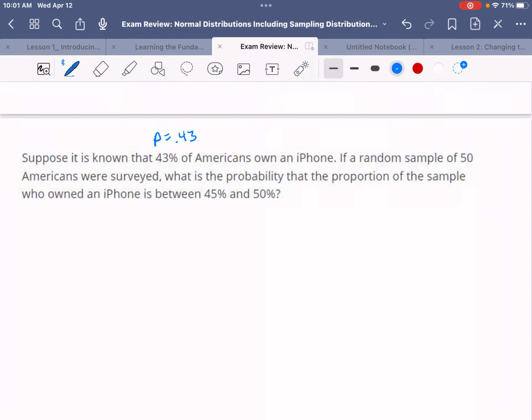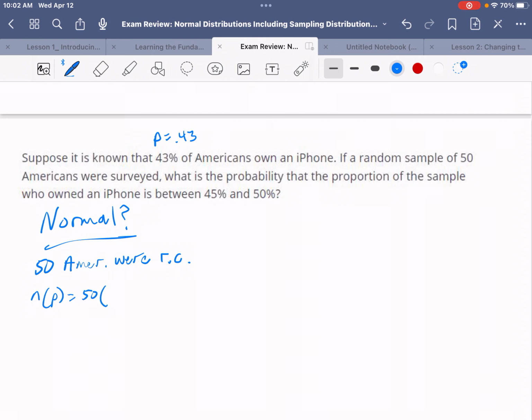Okay, well, we have to check the conditions for normality if this is a free response question. So let's see the conditions for normality. The 50 Americans were randomly chosen. N times P is 50 times 0.43, which is 21.5.